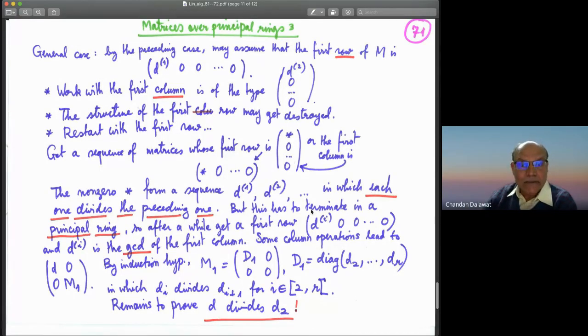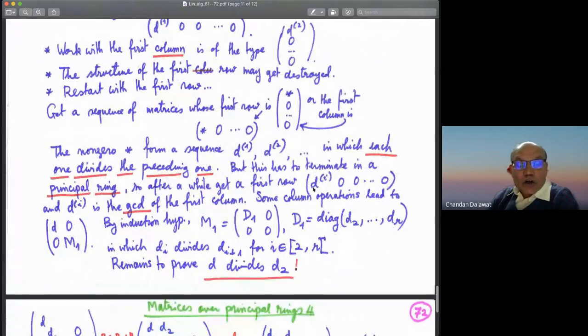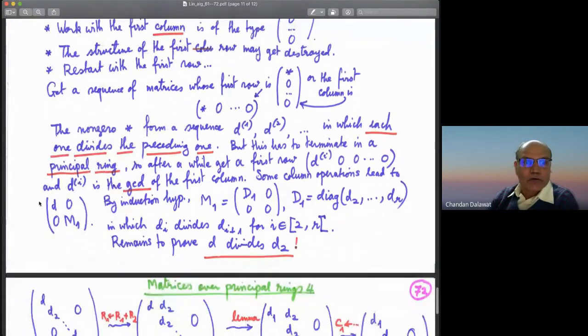It is at that time that your first row, or the first column maybe, will look like this, and this will be the GCD of the elements of the first column. So now you do the appropriate row operations to make the first column also of this shape, where you have one non-zero entry here and the rest of the entries are 0.